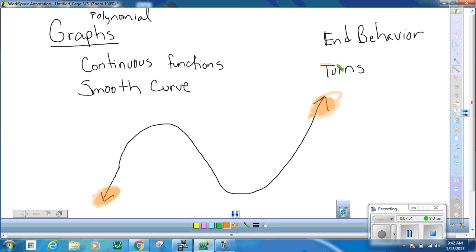Now notice that I did say possibly. Okay, just by looking at the equation, I don't know everything about the terms, but I do know some things. So we know that with a polynomial graph, they have smooth turns because it is polynomial, and we know some things about the end behavior. So let's talk about those things.